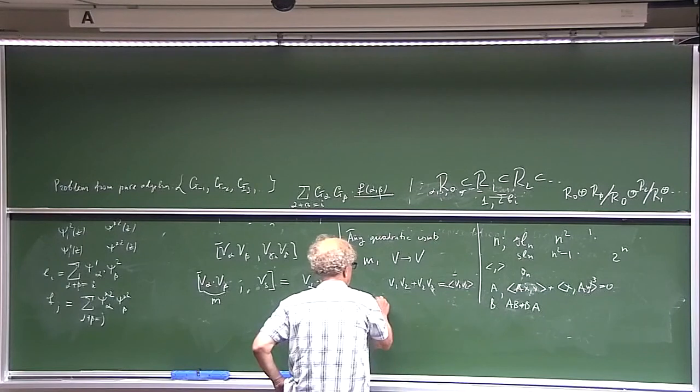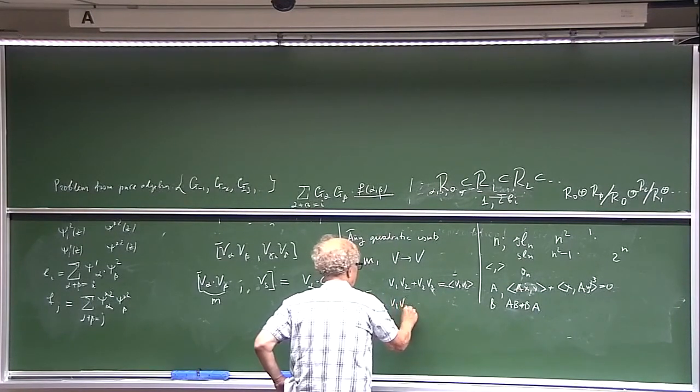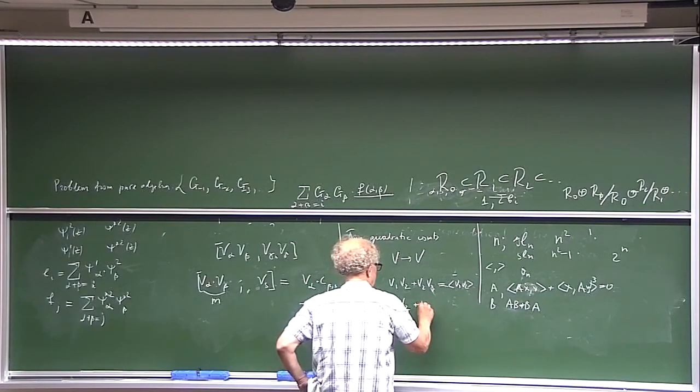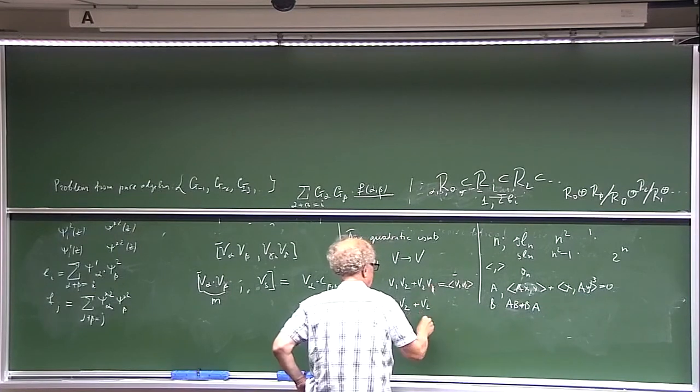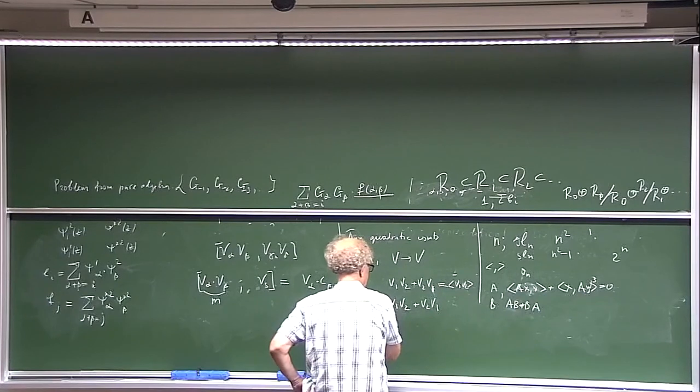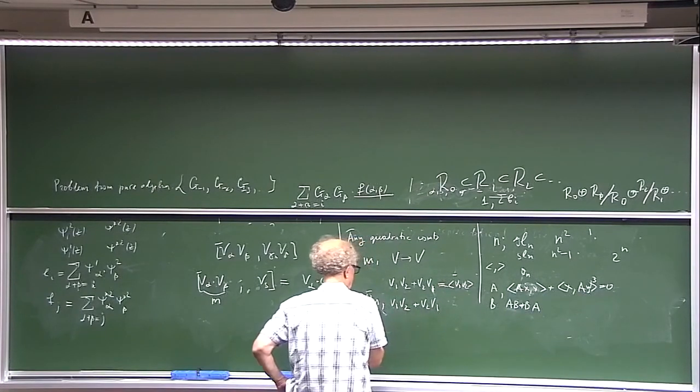So if I take M of v1, v2, plus v2, v1, and by the Leibniz rule, what does it mean?